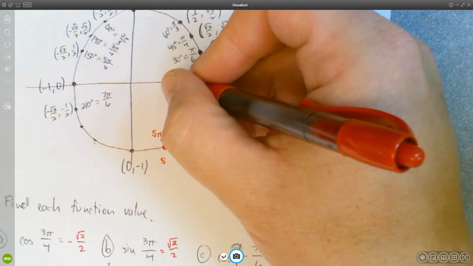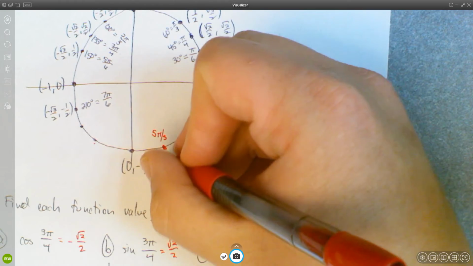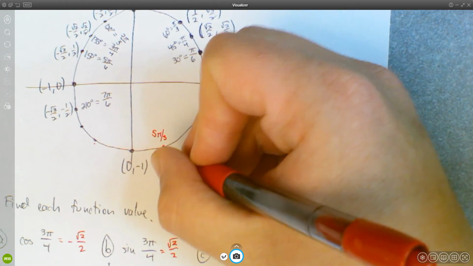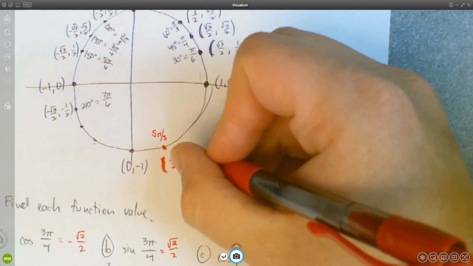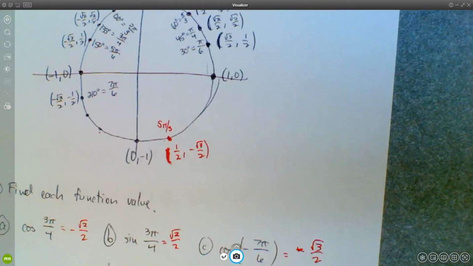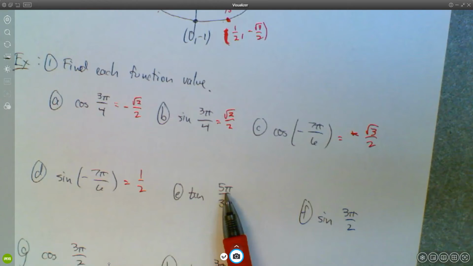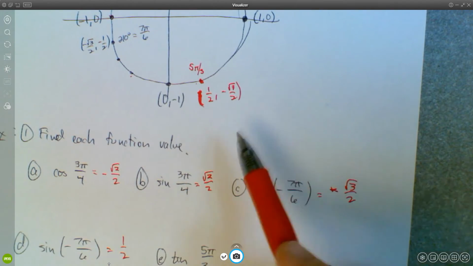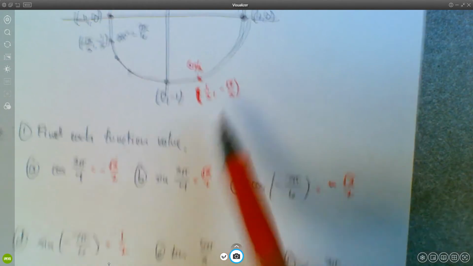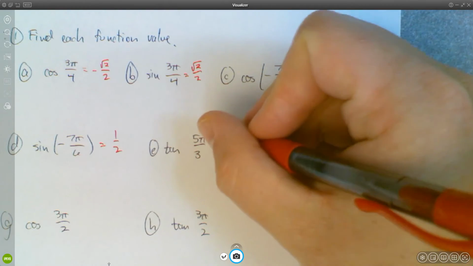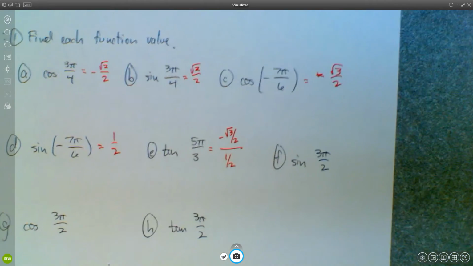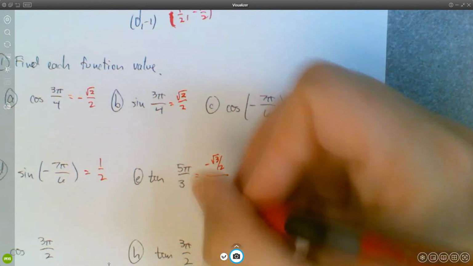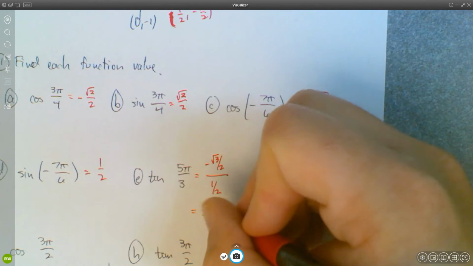Well, the x-coordinate is pretty short, so I'm thinking it's going to be 1/2. The y-coordinate should be negative root 3 over 2. Okay, so then I can figure out tangent of 5 pi over 3 pretty easily, because tangent is just sine over cosine, right? Y over x. So tangent of 5 pi over 3 is going to be negative root 3 over 2 over 1/2, or in other words, negative root 3.